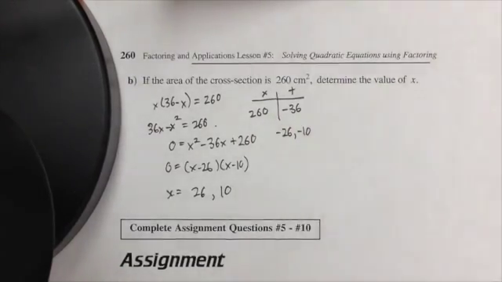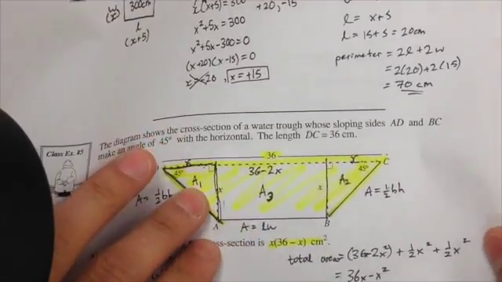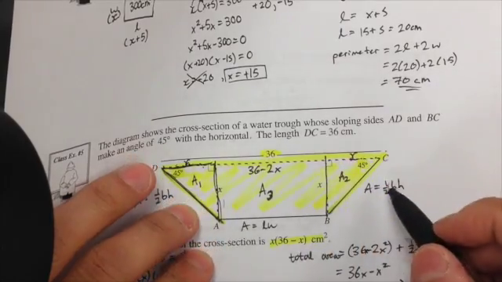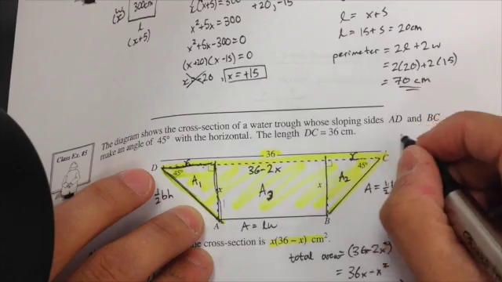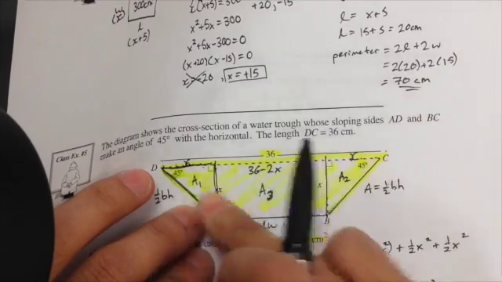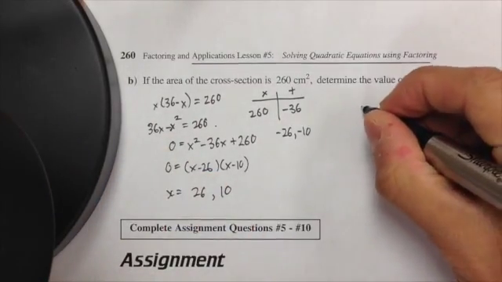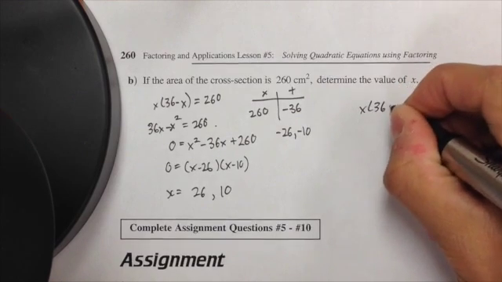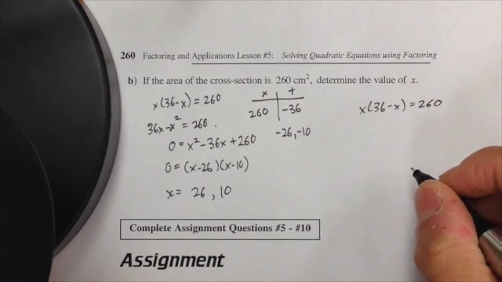So if x is equal to 26, let's look at our initial diagram. So let's see if x can in fact equal 26. One way we can do that is just plug it into our area. Okay, so we know that the area of this whole region is going to be x times 36 minus x equal to 260.